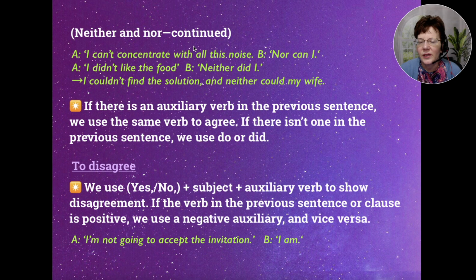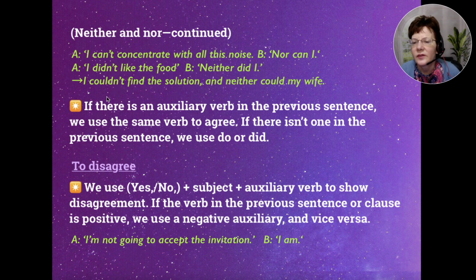Okay, neither and nor continued. So we have this example. I can't concentrate with all this noise. And then the other person, nor can I. And there's, I didn't like the food. Neither did I. So either way, both people are agreeing on what was said.